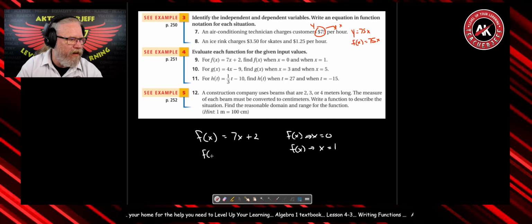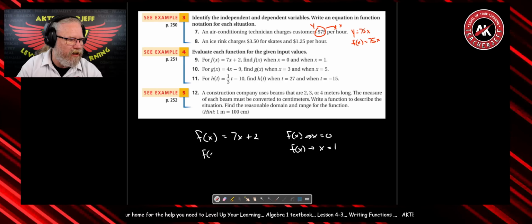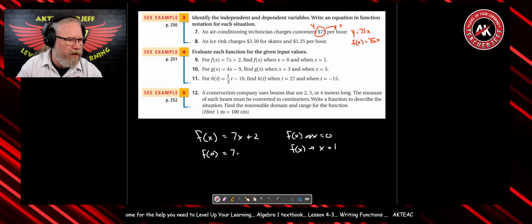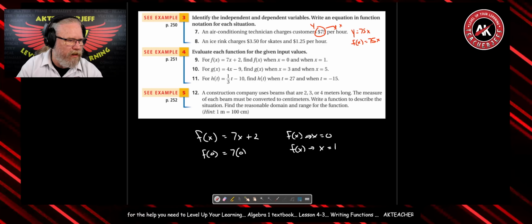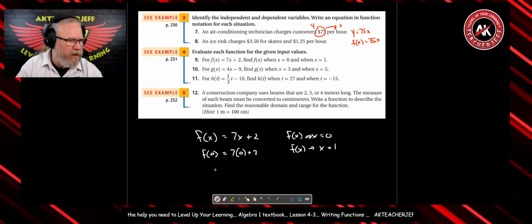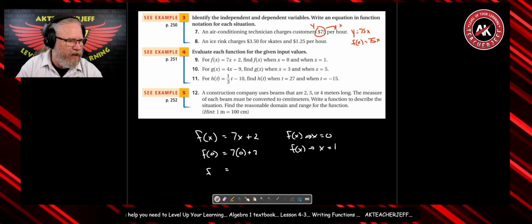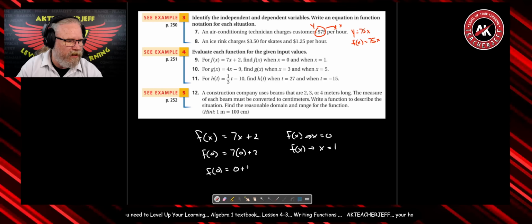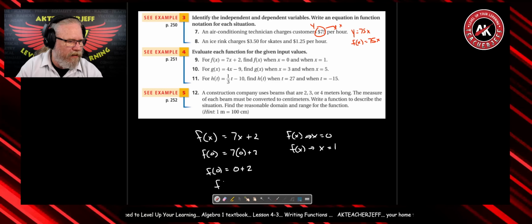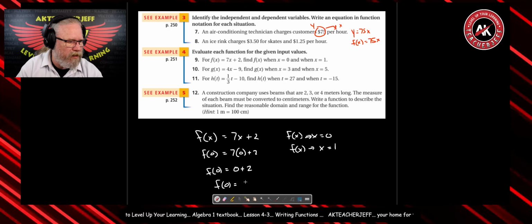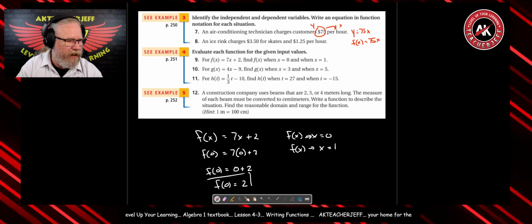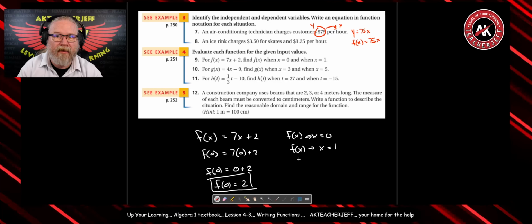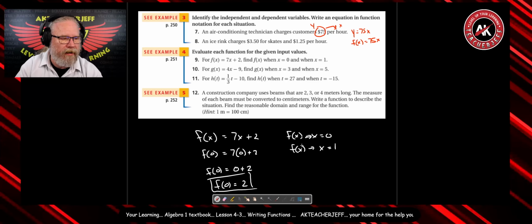To be exact, f of 0 equals 7 times 0 plus 2. So f of 0 equals 0 plus 2, and so f of 0 equals 2. That would be the answer here, which is also the same as y equals 2, right?